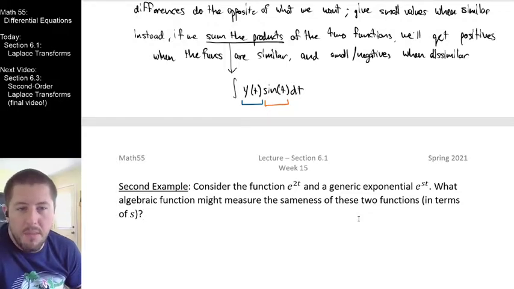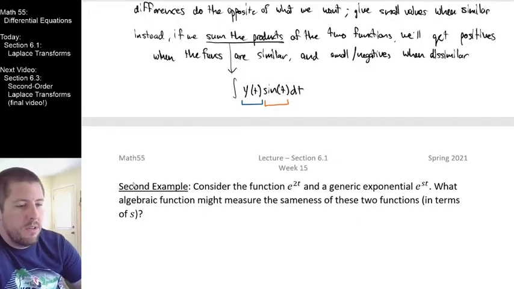And here's the thing that I'm thinking. And again, you should maybe stop and think about this for yourself. What I'm thinking to myself is this. When s is very far away from 2, I want to be getting very small numbers, indicating that when s is very far from 2, there is very small similarity between the two functions. However, as s gets very, very close to 2, I want to be getting very, very large numbers, indicating a lot of similarity between the two, right?